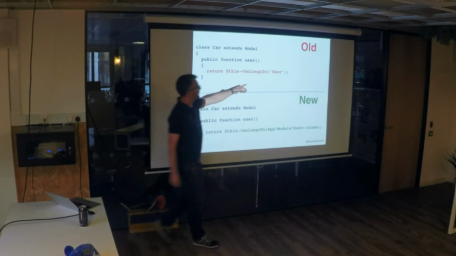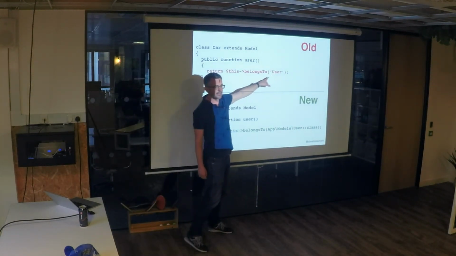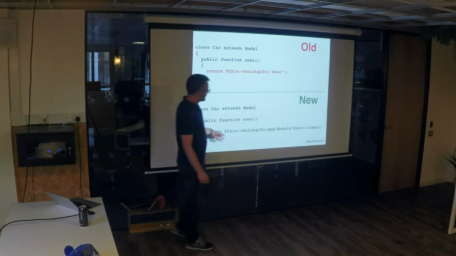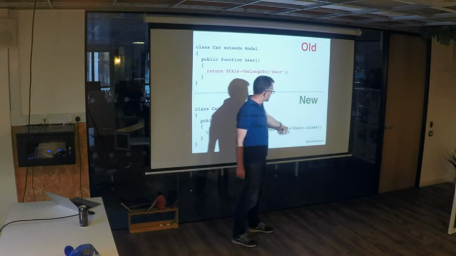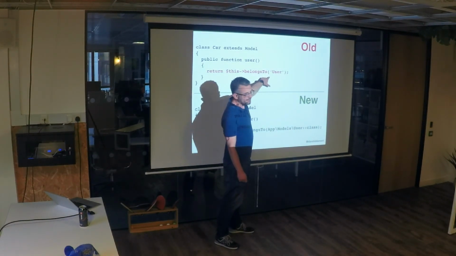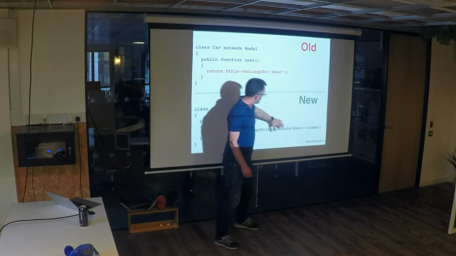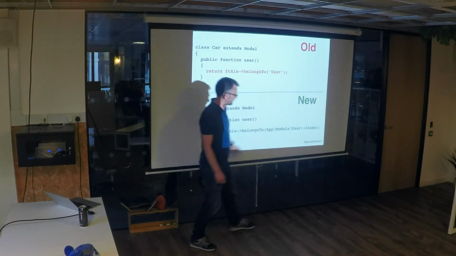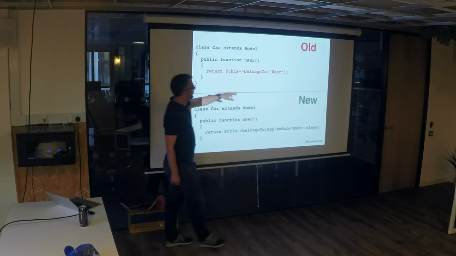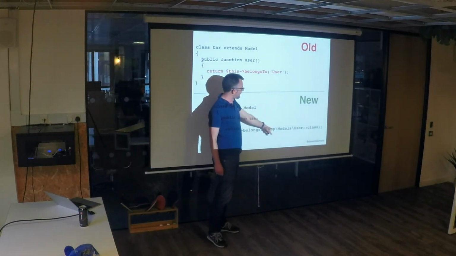So if you said user, it would know that is a user object. In Laravel 9.2 world, you need to use the fully qualified name of the class, which would be @model user. And of course, if everything's in the global namespace, this is basically the same as that if it was in there. But because things have moved, we needed to make sure that we're updating this string to something that looked like that.